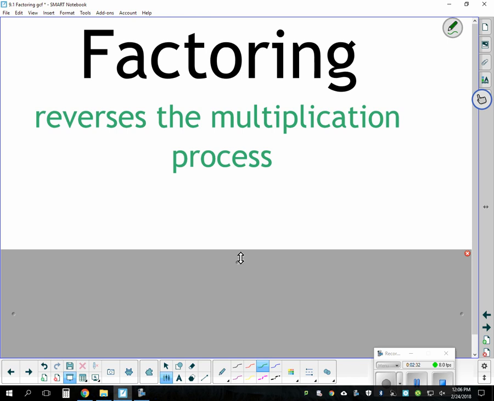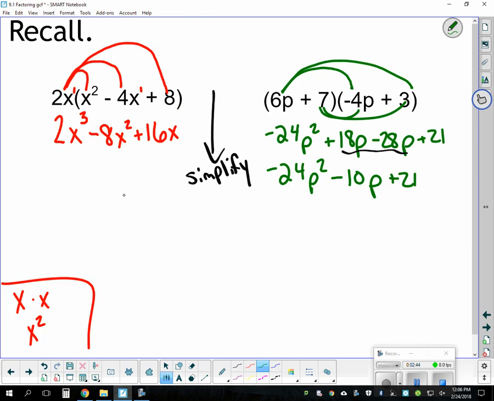What factoring is going to do is reverse that. We don't want to say opposite because the opposite of multiplication is division. Factoring is similar to division, but a little different. So we are going to have a problem like this red line, and we're going to have to go backwards and get that. Going that direction is called factoring.